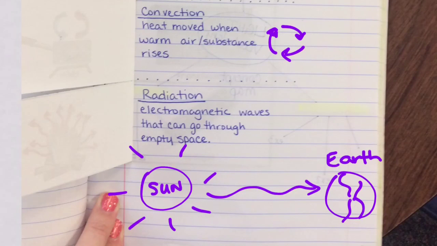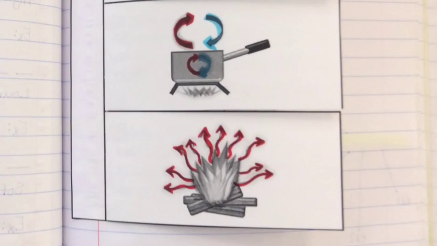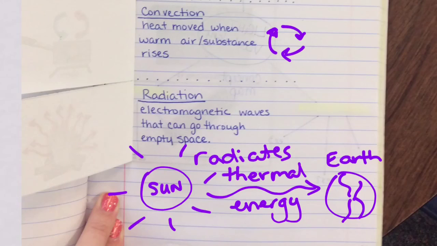So the sun radiates thermal energy. And that energy travels through the empty space to get to Earth. So on the campfire, that hot air, the thermal energy is actually radiating in the air, but it can also radiate through empty space.